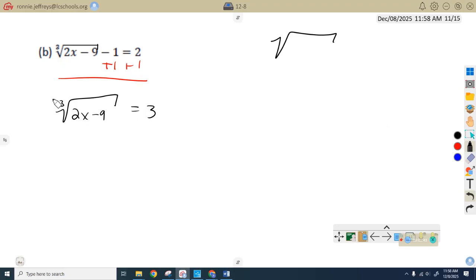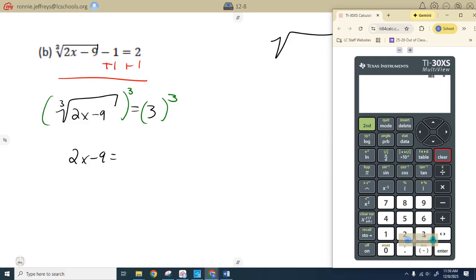Now we've got to raise both sides to the power that's in the gutter. What is the power that's in the gutter? Okay. So, remember, this just rips the roof off. Now, 3 to the 3rd power, 3 times 3 times 3, is 27.